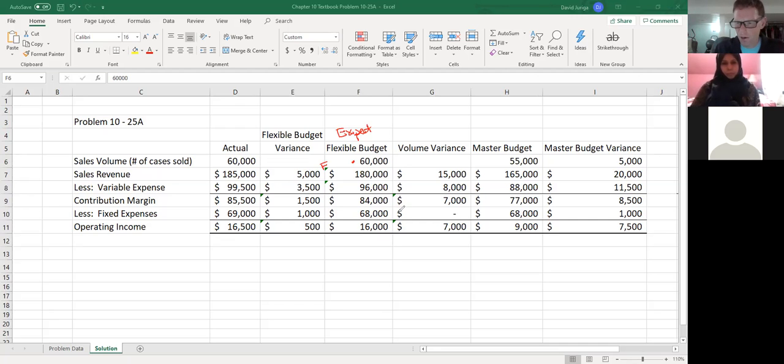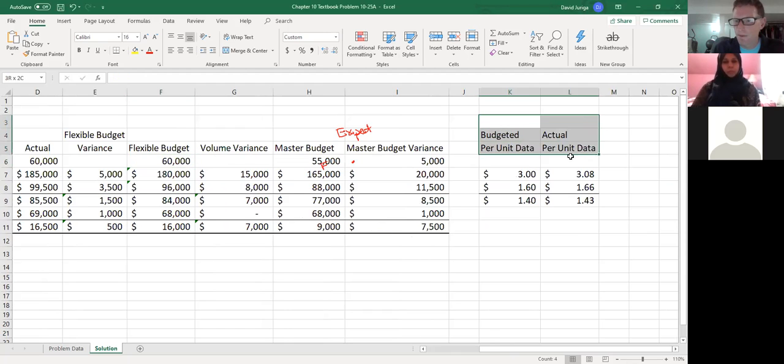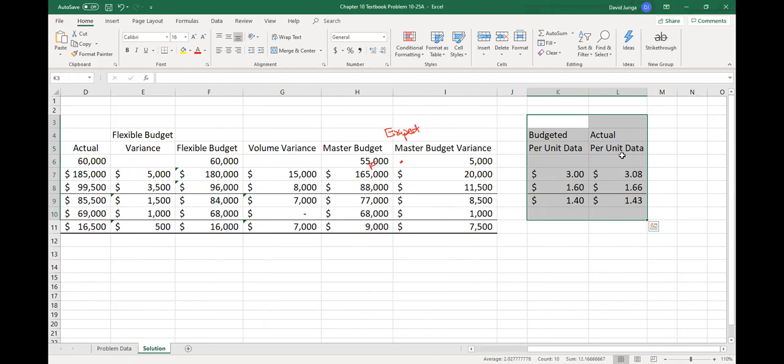And if you notice off to the side here, let me show you something, and you'll see this later on. Off to the side, I put up all of the actual data per unit as well. So I've got the budgeted per unit, and I'm also showing you the actual per unit.